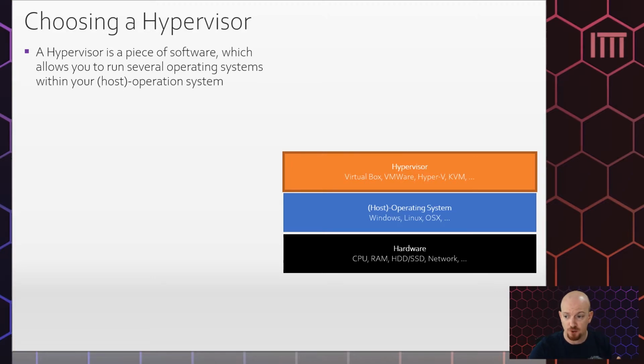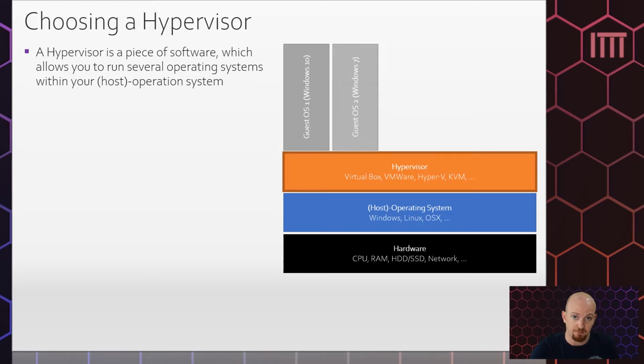This could be a VirtualBox, a VMware, a Hyper-V, a KVM. There are several dozen hypervisors available. Some are free, some cost quite a bit. And on that, you can then install your operating systems you want to use in the lab environment.